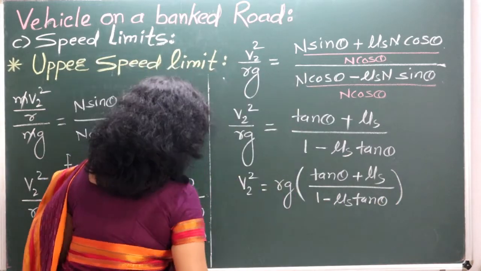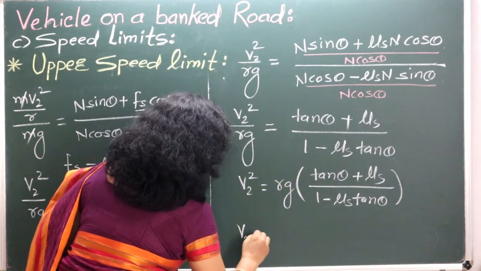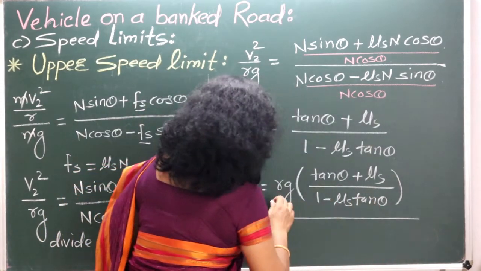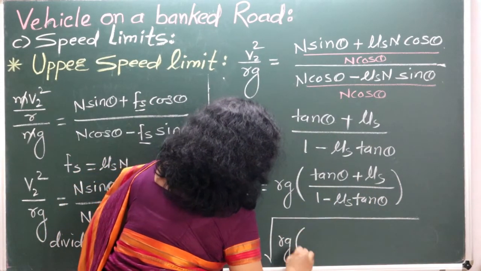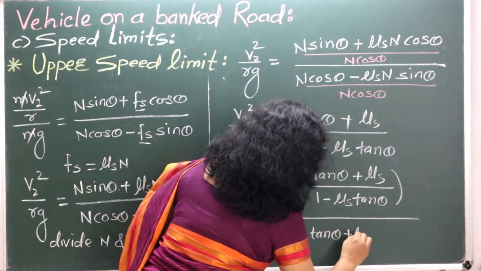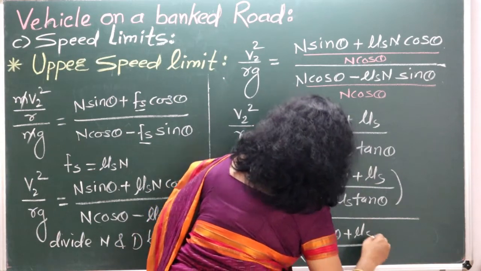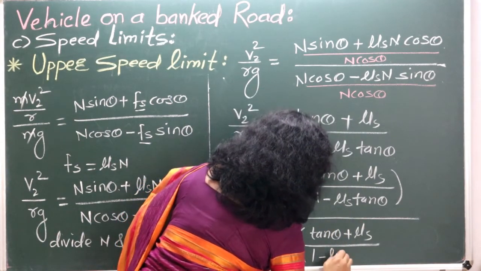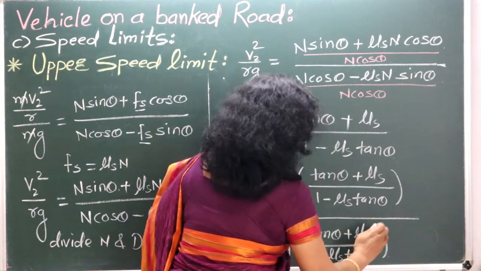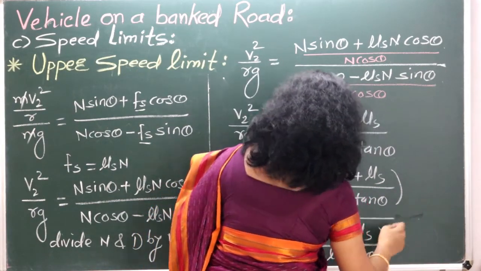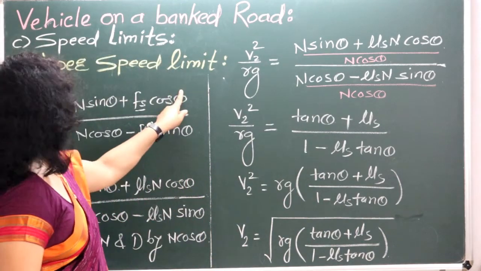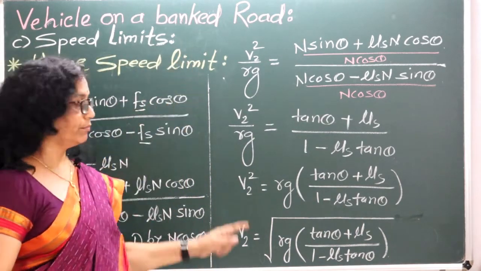Now take the square root on both sides, that is v2 equal to square root of rg into bracket tan theta plus mu s upon 1 minus mu s tan theta. And this is the upper speed limit of a vehicle on a bank road.